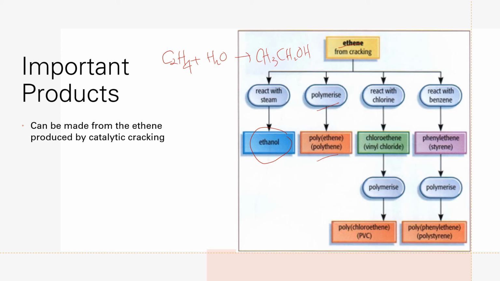And when ethene reacts with chlorine Cl2, we have chloroethene. Then the chloroethene can be polymerized into polychloroethene or PVC. Or ethene can be reacted with benzene to form phenylethene or styrene, then polymerized into polyphenylethene or polystyrene.